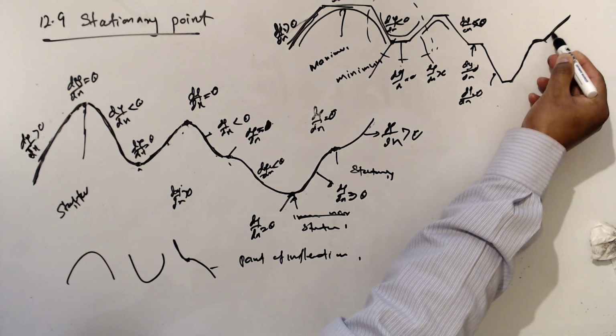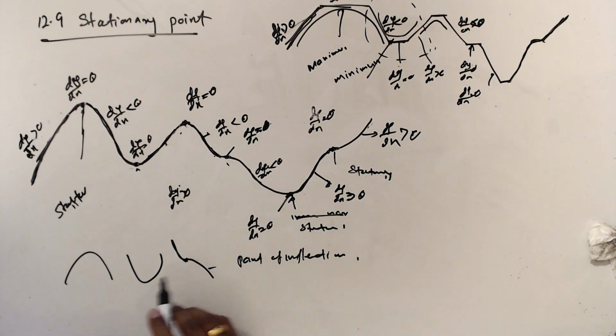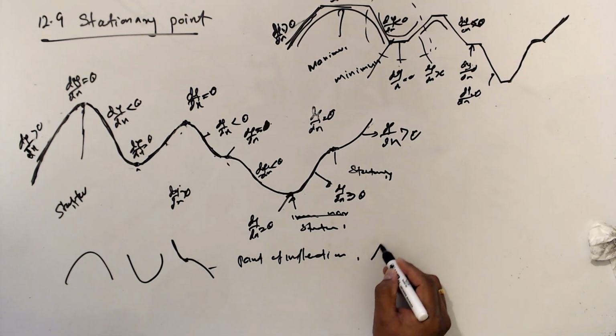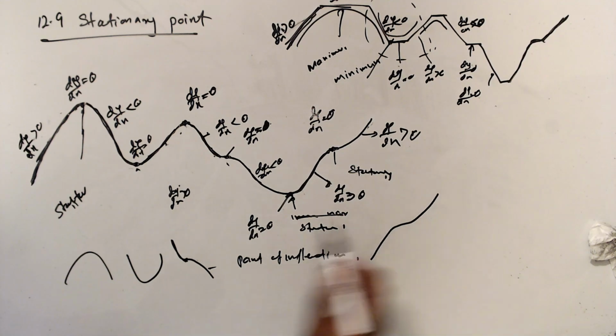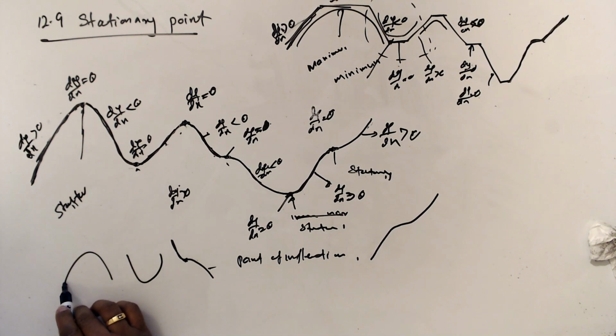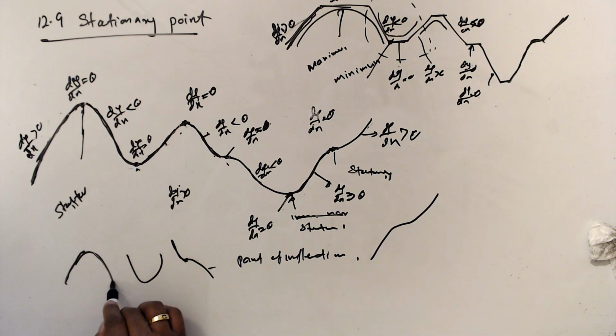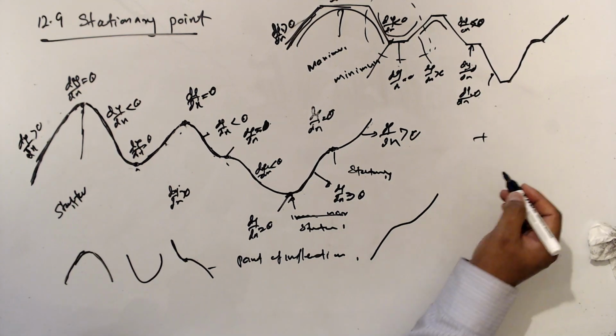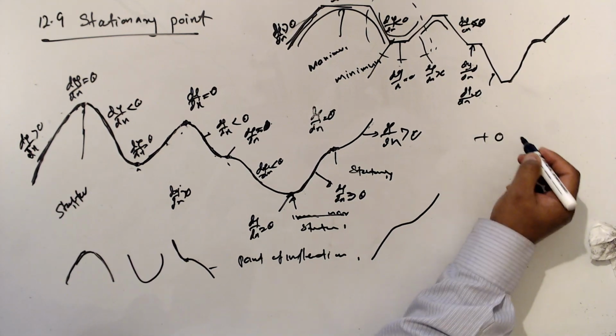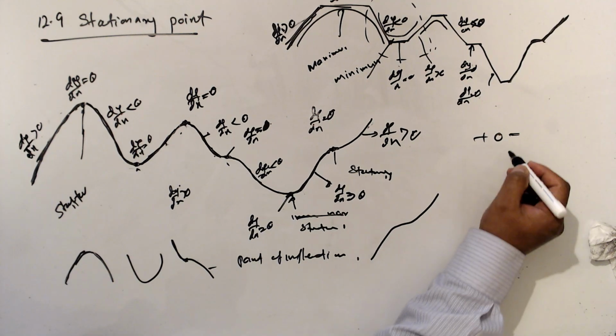Positive, 0 and positive. So that is the behavior of this one. If it is a max, what will happen? Positive, 0 and negative. It will change. Positive to 0 to negative, max.